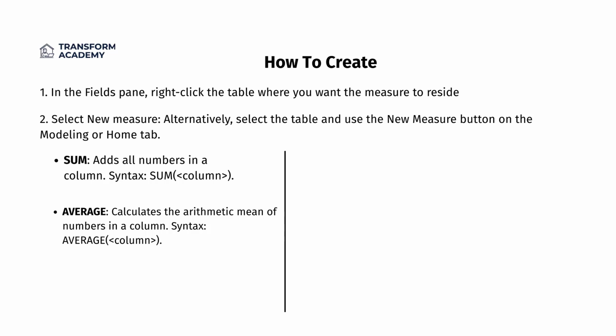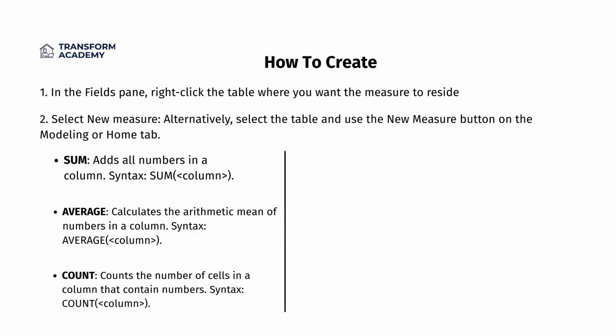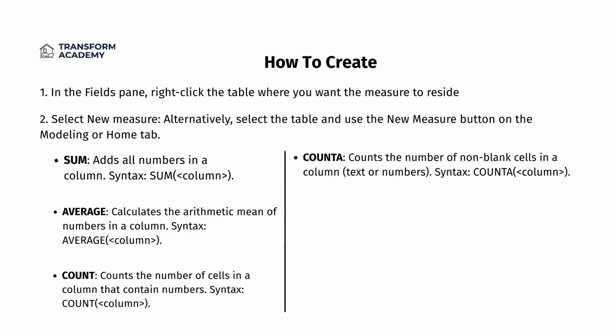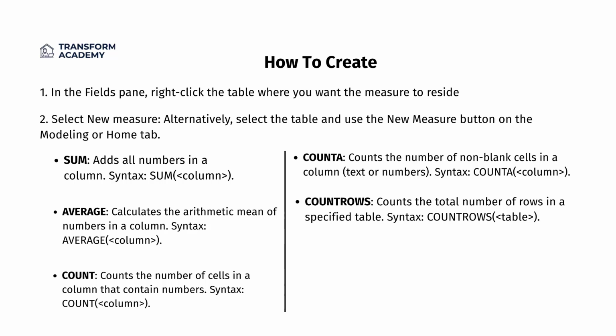Syntax. COUNTROWS counts the total number of rows in a specific table. Syntax. DISTINCTCOUNT counts the total number of unique values in a column. Syntax. MIN and MAX find the minimum or maximum value in a column. Syntax.